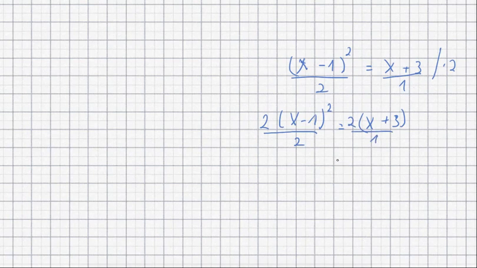The 2s cancel out, and 2 divided by 1 is 2. Equals 2x plus 6.